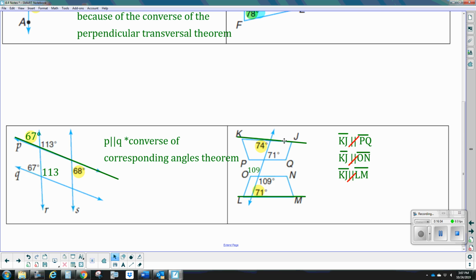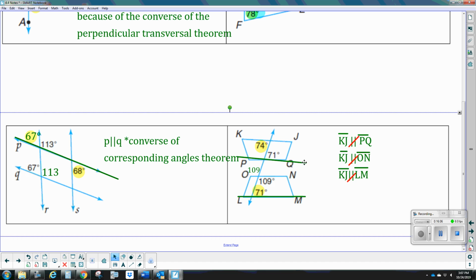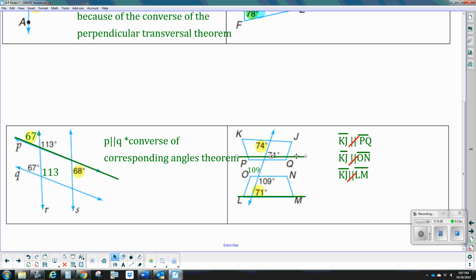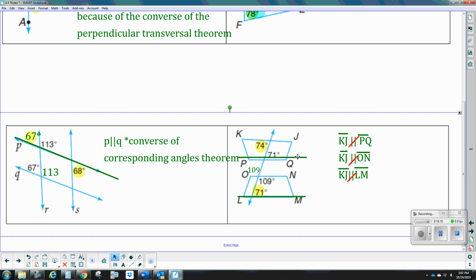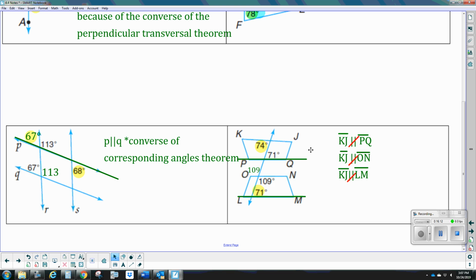So is PQ parallel to any of these? Again, we're going to use all of those same theorems, or the converses of those theorems that we just looked at. All the angle measures that are in here are true. So whether or not the lines are parallel, those angle measures stay the same.